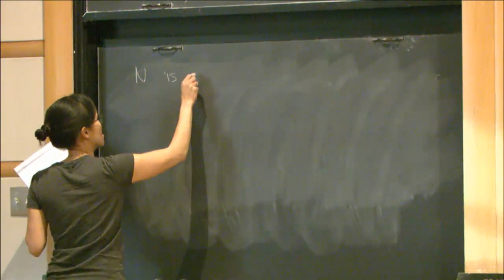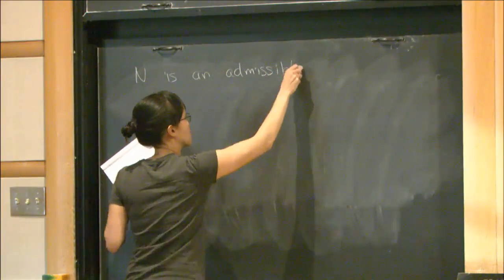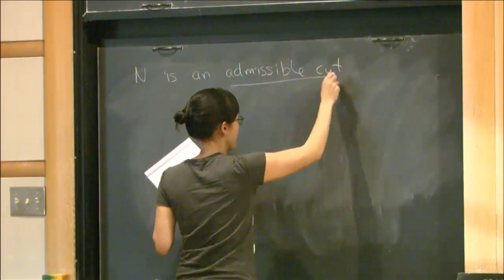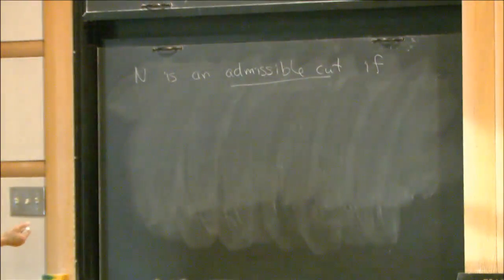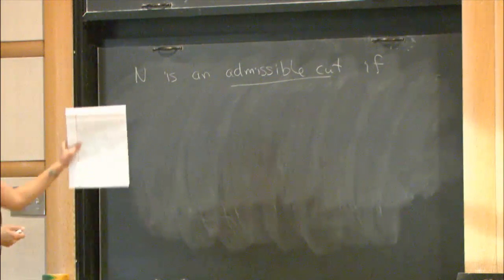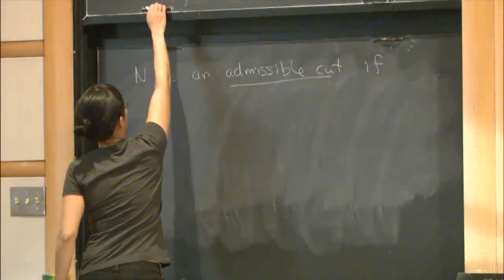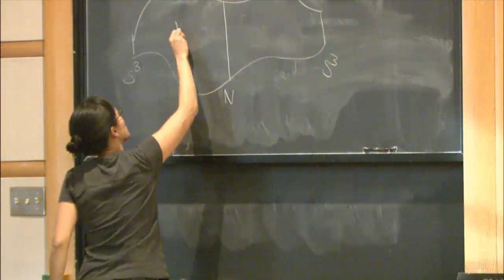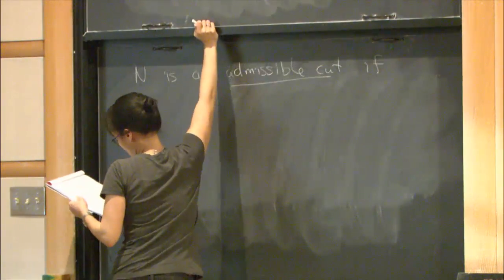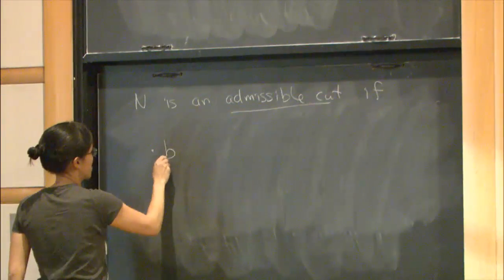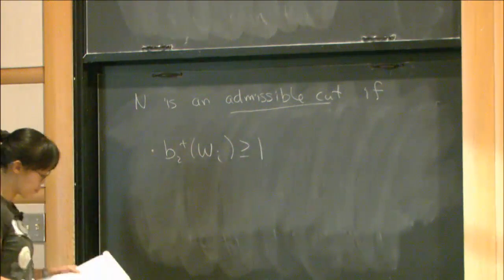So n is an admissible cut if, well, b2 plus of x is at least 2, and for n to be admissible, we require that on either side, so let's call these w1 and w2, we need b2 plus of wi to be at least 1.